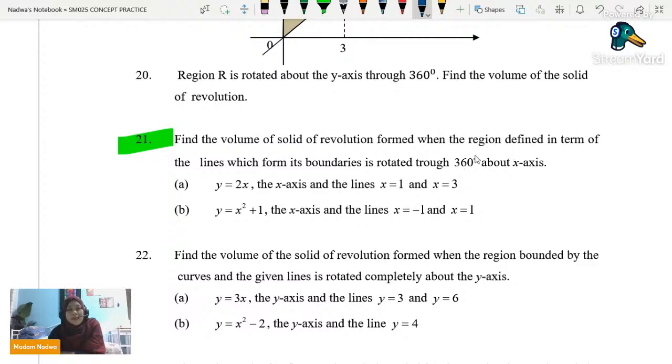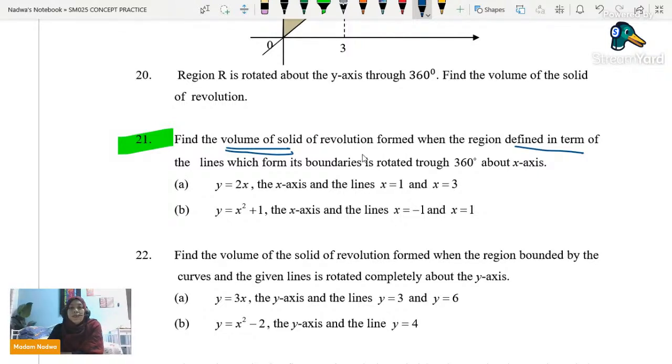Okay, jadi sebenarnya ayat panjang-panjang ni dia cuma nak cakap the volume of solid, volume yang kita nak cari tu, adalah bila kita putarkan of the region, region defined in terms of the line which form its boundaries ni, maksudnya region bounded lah.